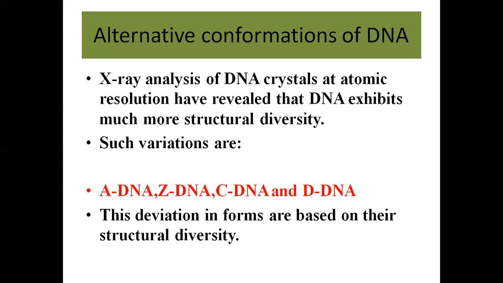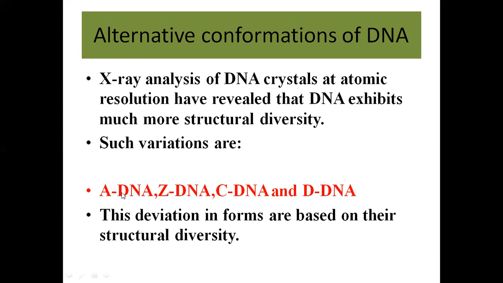Then we will pass on to other alternative conformations of DNA. The X-ray analysis of DNA crystals at atomic resolution has revealed that DNA exhibits much more structural diversity. Such variations are ADNA, ZDNA, CDNA and DDNA.